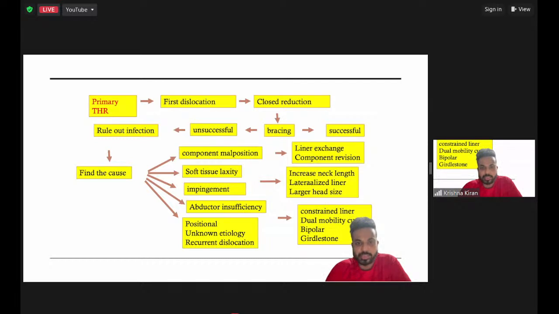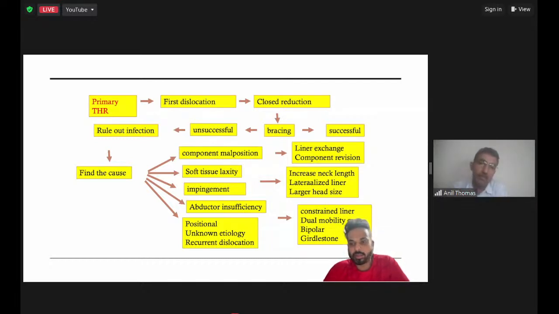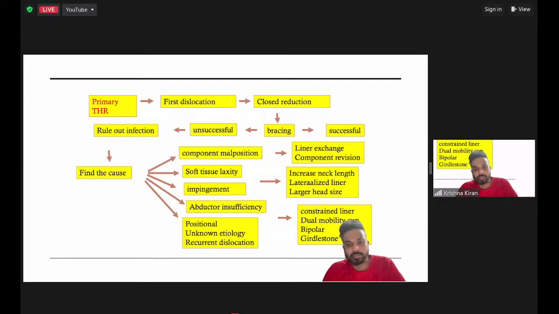And sometimes the etiology is multifactorial, unknown, or this sort of a situation where it is habitual, where you are trending more towards a constrained liner or a dual mobility cup more often nowadays. And sometimes a Girdlestone may be the only choice we have in patients who are unhappy with their surgery or we are not able to solve their problem.